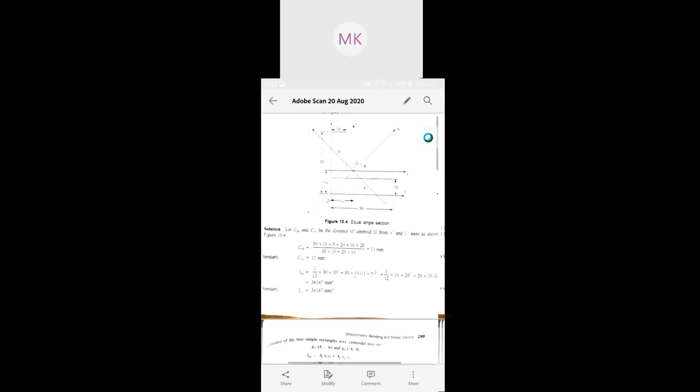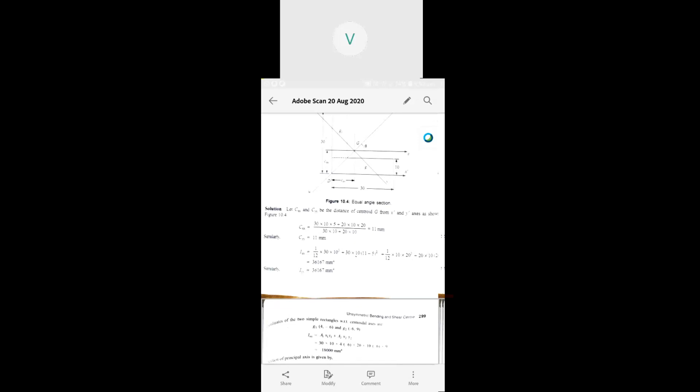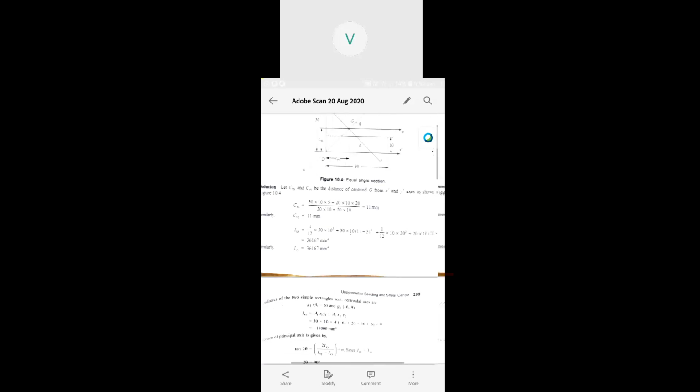By that x and y axis, G1 is in which quadrant? Fourth. And G2 in which quadrant? Second. Okay, G1 is in the fourth quadrant and G2 is in the second quadrant. So according to that, you need to find the coordinates of both sections.